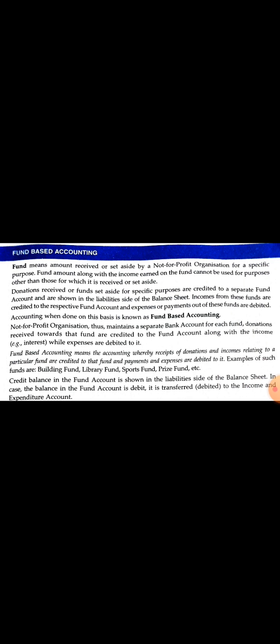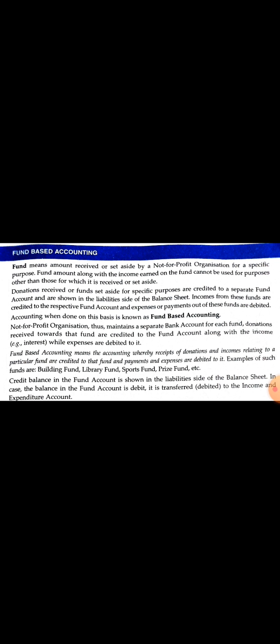Donations received towards that fund are credited to the funds account along with the income, while expenses are debited to it. Funds-based accounting means the accounting whereby receipts of donations and incomes relating to a particular fund are credited to that fund and payments and expenses are debited to it.